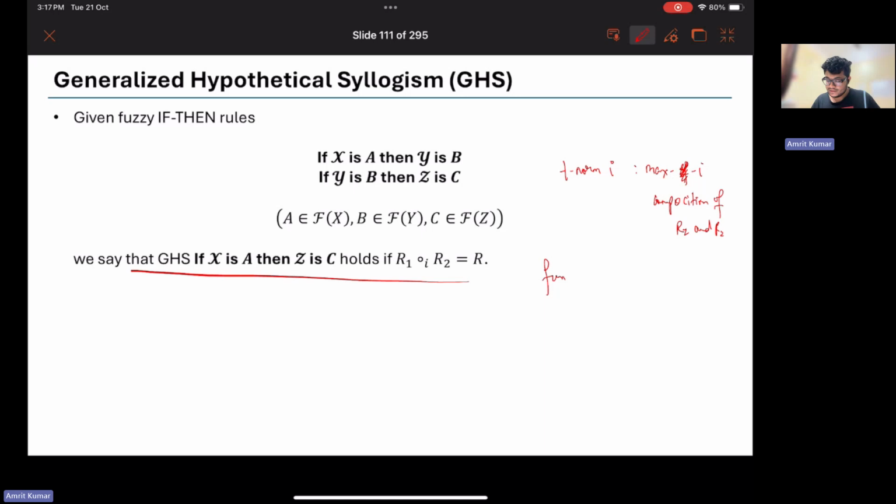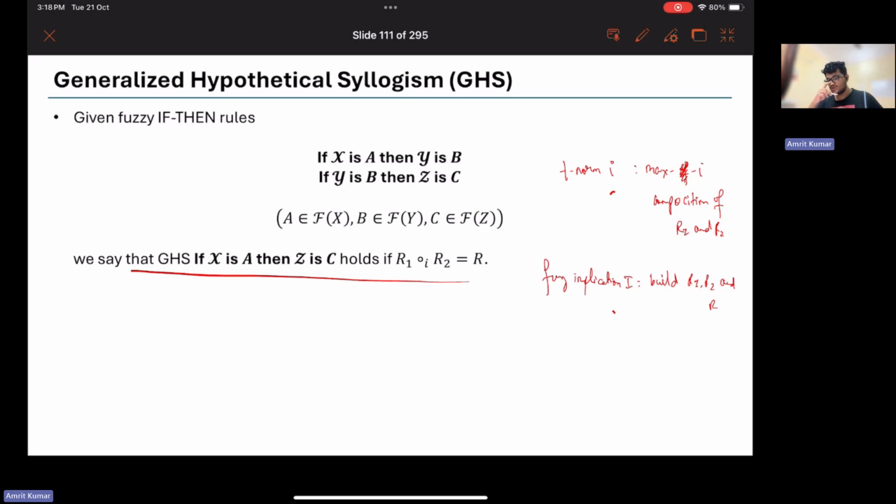And you have a fuzzy implication I that is used to build R1, R2, and R. And therefore, whether GHS holds in a particular situation depends on this T-norm I and fuzzy implication capital I. It may be the case that for a particular choice of T-norm I and fuzzy implication capital I, GHS holds, and for some other choice, it may not hold.